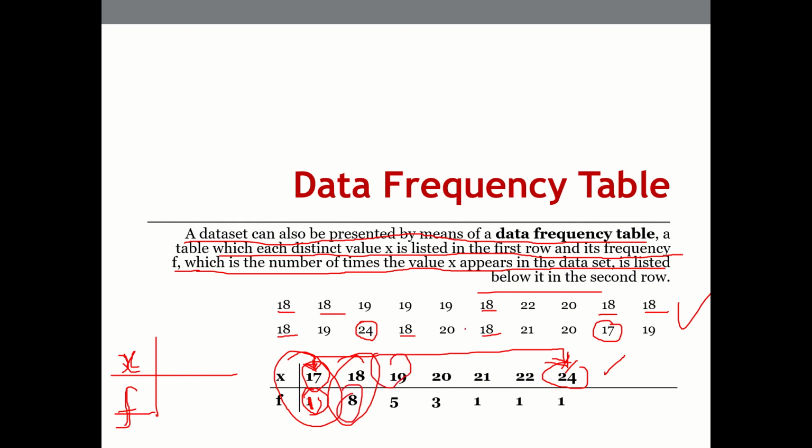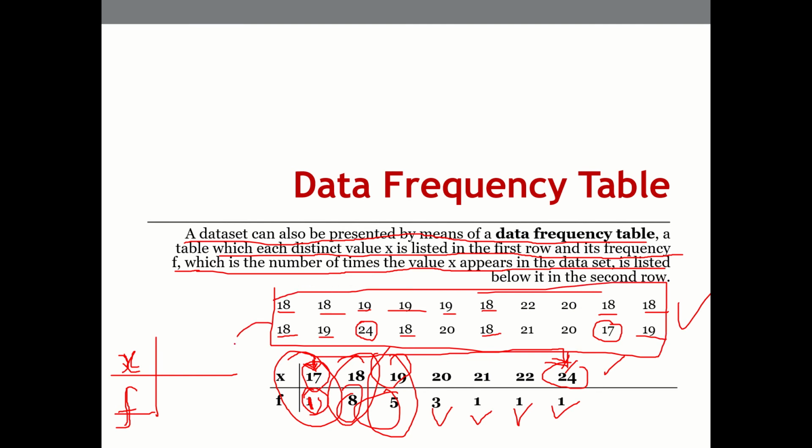And 19, how many times? 1, 2, 3, 4, 5, so 5 times the number 19 is occurring. Similarly, we construct it for the whole data set. This is called a data frequency table.